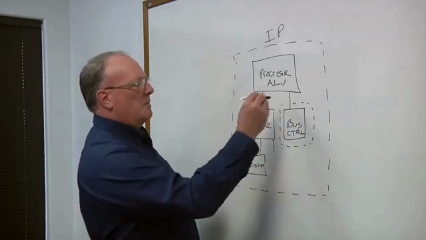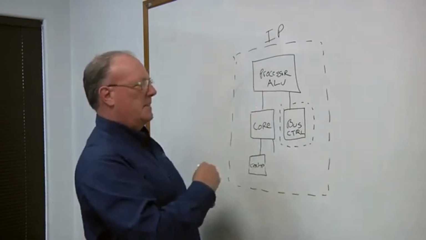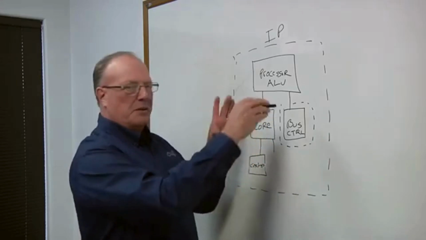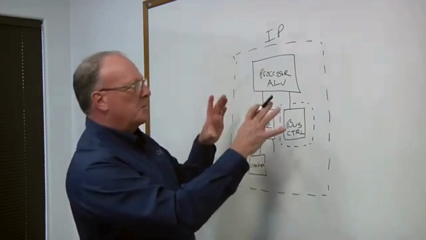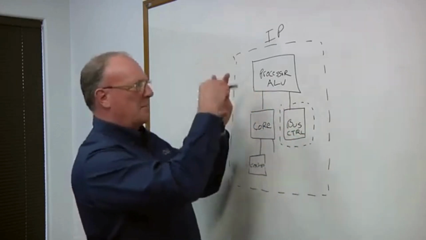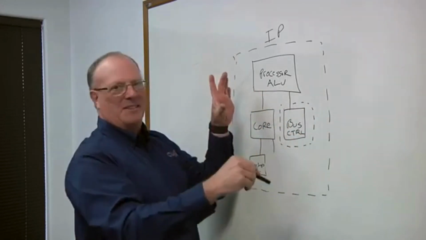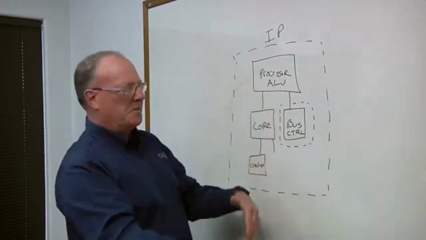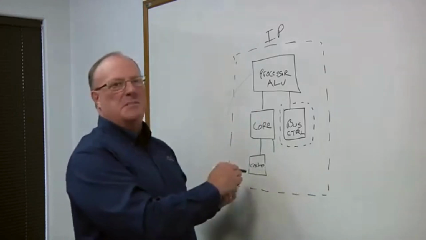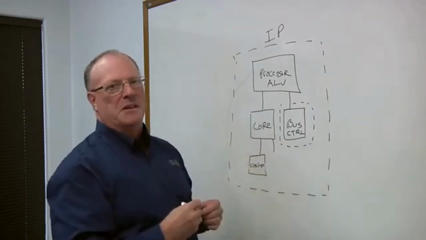And so I need to know I'm using Cortex A74 3 times, and I'm using these 5 or 6 different options, so that you get a full accounting of that. If I in turn use that processor in another piece of IP, then they use me, and in turn I'm using the ARM processor, et cetera, down this tree. So it's very much a tree, and it's not only how many and what kind, but also what options you have, and that's the full bill of materials that you need.